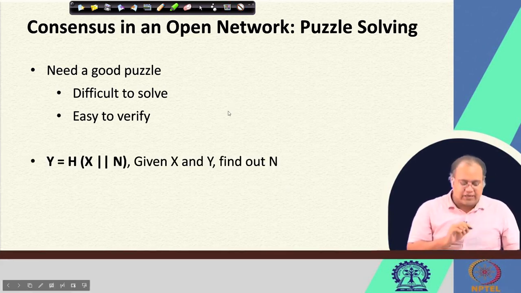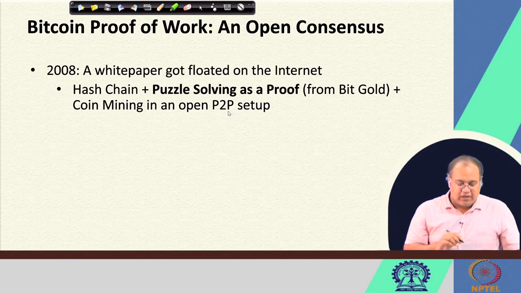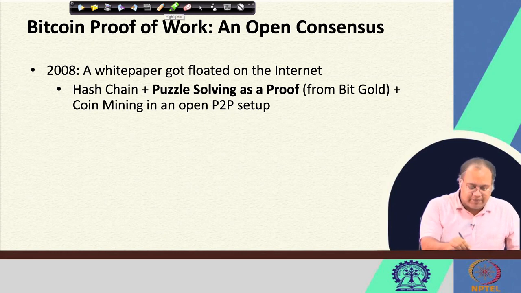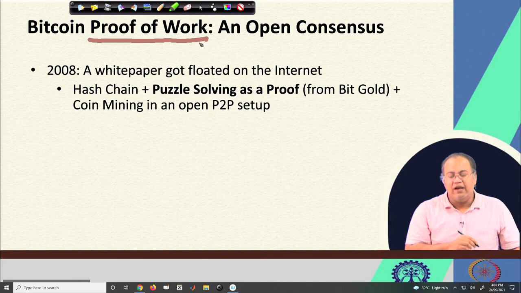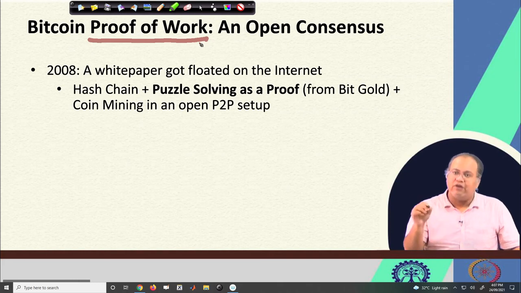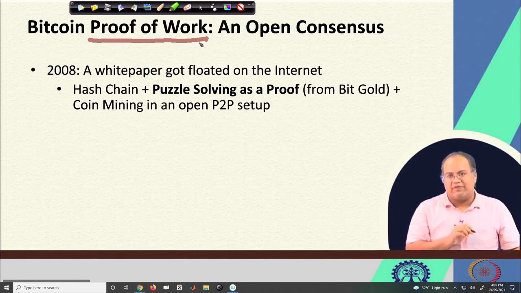As I have mentioned, y equal to h of x append n is a good puzzle, so Bitcoin uses that idea. This particular consensus algorithm in Bitcoin is termed proof of work. Why proof of work? Because you have done certain work to find a solution, and that solution works like a proof that you have found it.